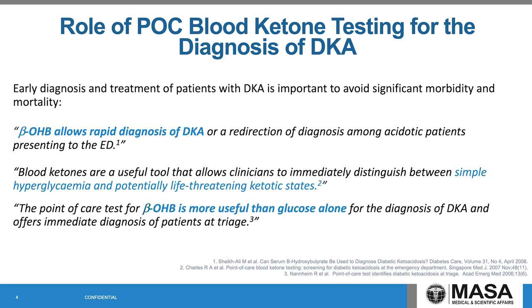And in 2006, another group of investigators published that the point-of-care test for beta-hydroxybutyrate is more useful than glucose alone for the diagnosis of DKA and offers immediate diagnosis of patients at triage.